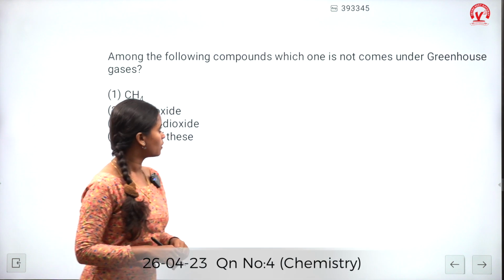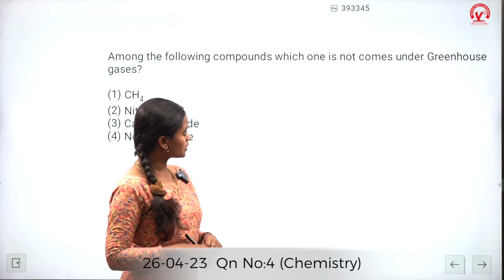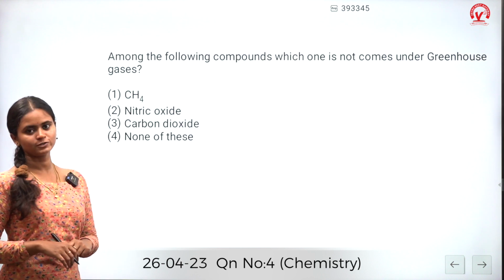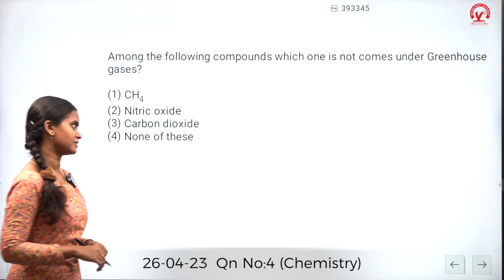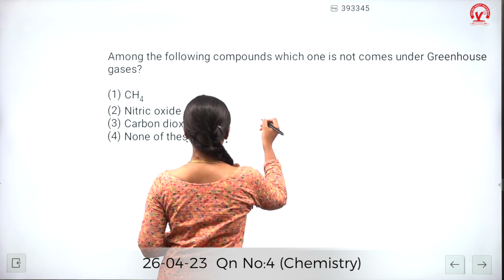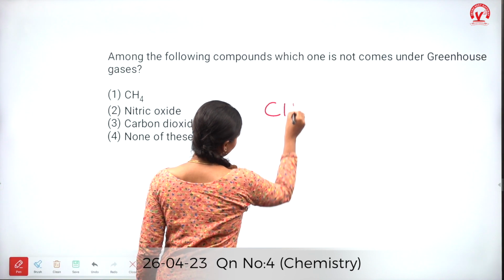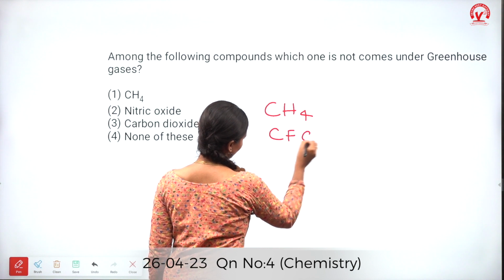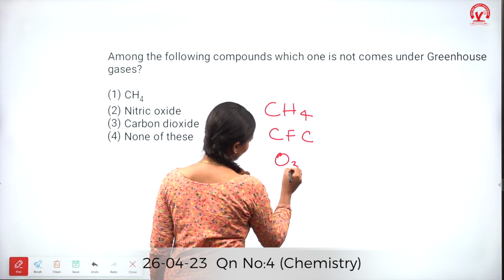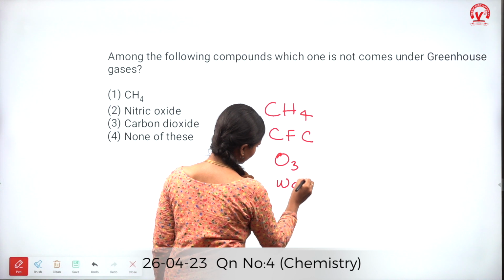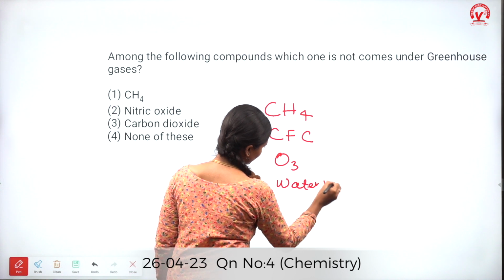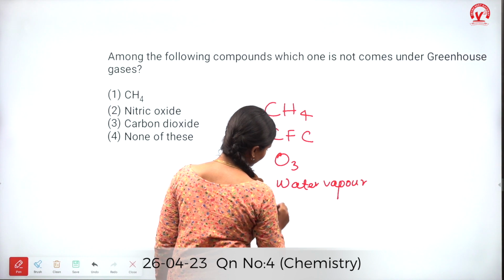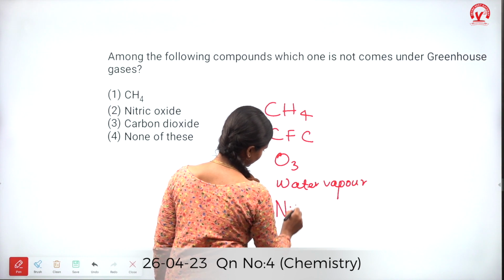Among the following compounds, which one does not come under greenhouse gases? First, we have to know what all the greenhouse gases are. The greenhouse gases are methane, chlorofluorocarbon, ozone, water vapor, and nitrous oxide.